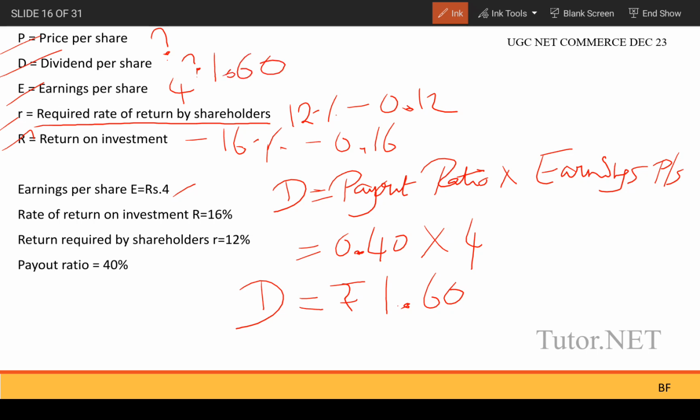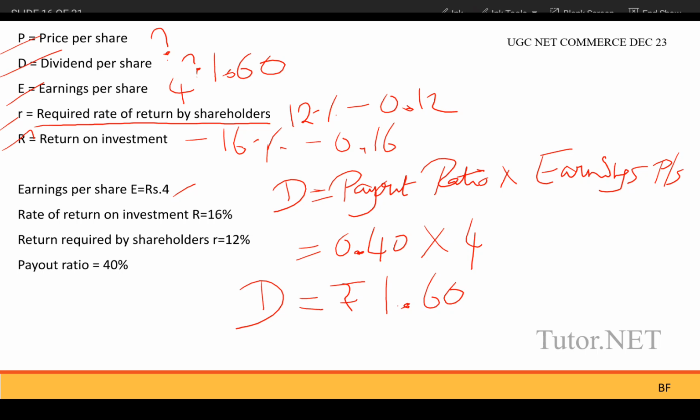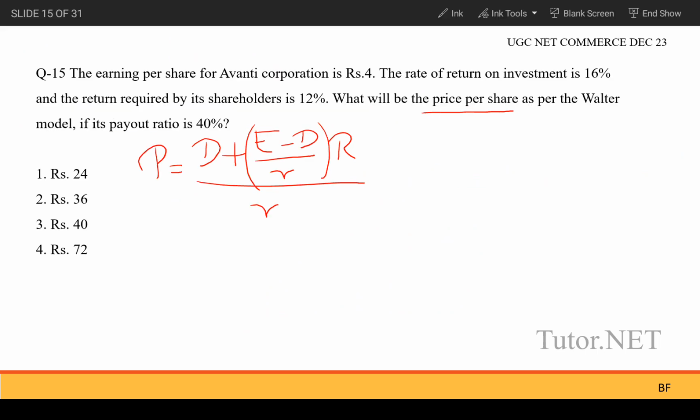So from this value we have to find out the price per share. So we just move on to the formula. We already know D, which is dividend per share, is 1.60 plus, open the bracket, earnings per share 4 minus 1.60, divided by r, which is 0.12.